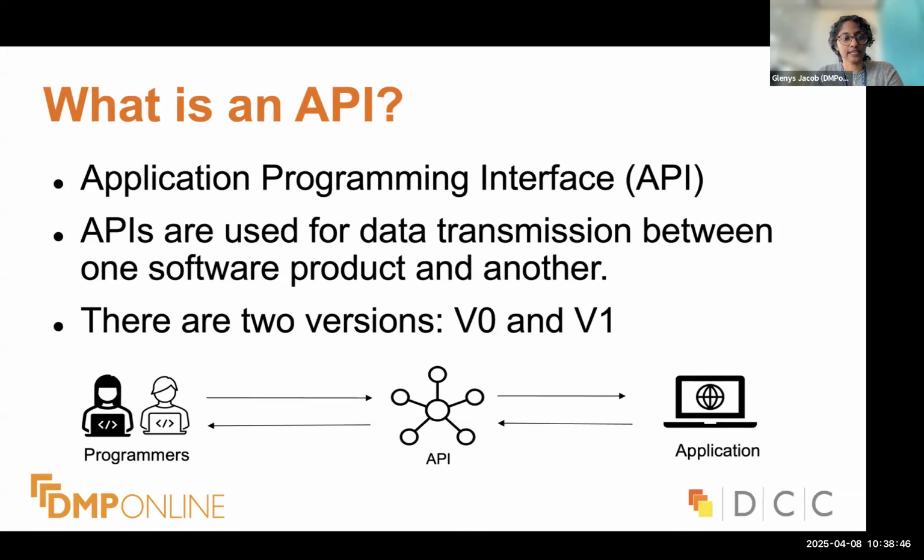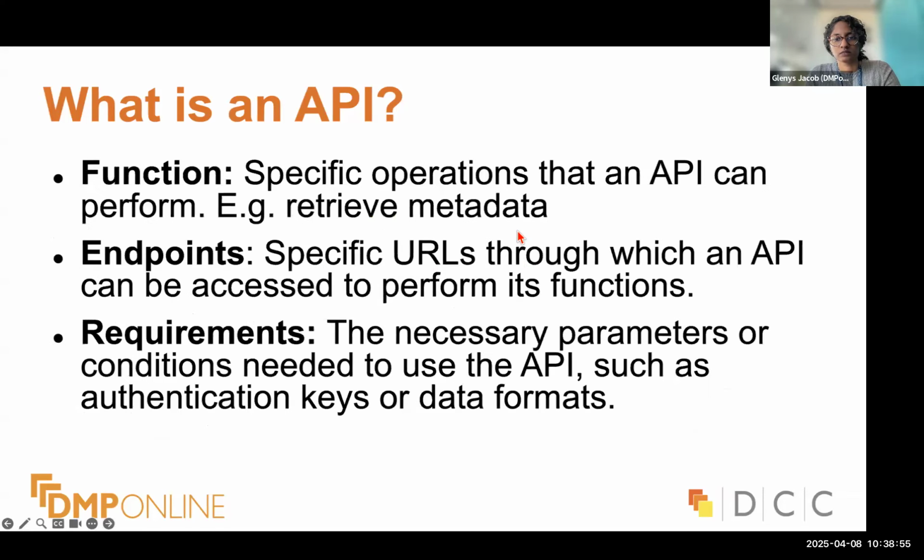In DMPonline, we have two different APIs. We call them version 0 and version 1. For every API, there is at least one function, endpoint, and requirement.